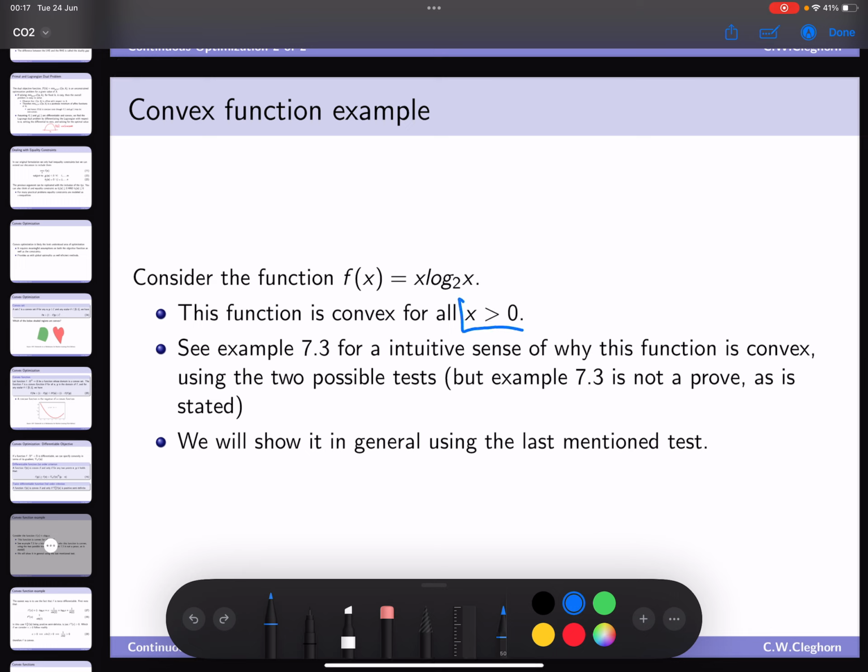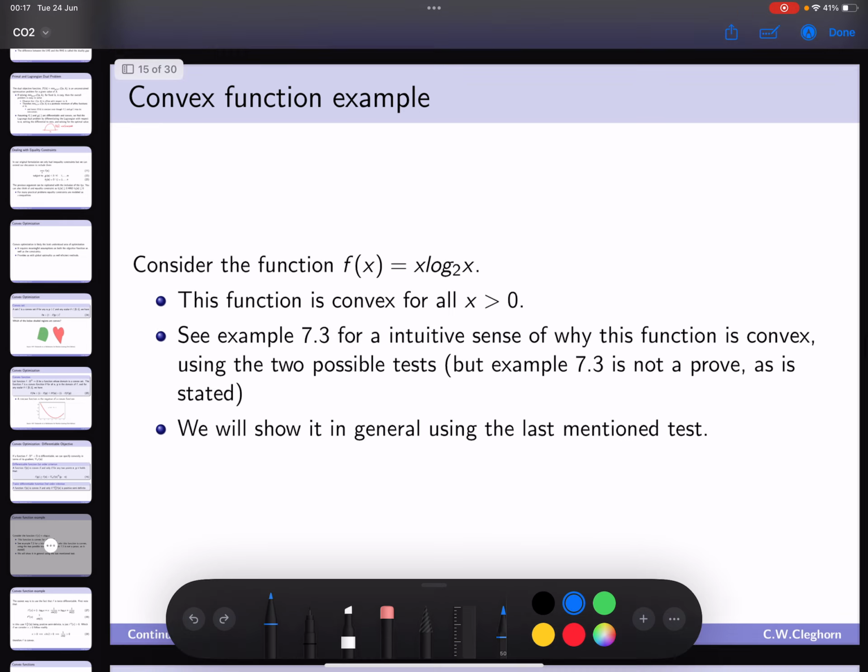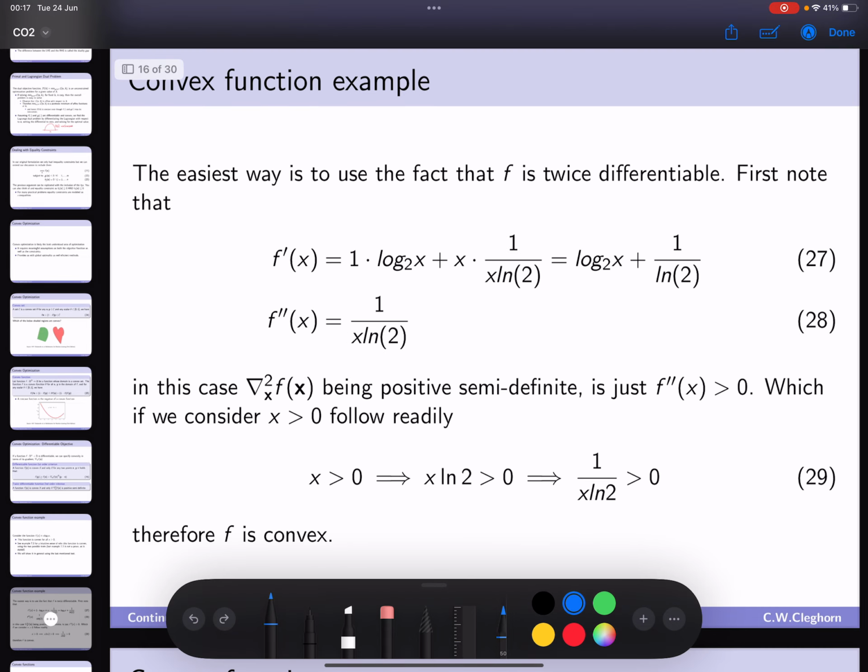Every value of x in this case is a convex set. All right, because for any values of x greater than 0, when I take some linear interpolation between those two values, it is still going to be a value greater than 0. And so we have this convex set, x greater than 0. So that is fine. We can then say, well, if x is greater than 0, then we know that x ln 2 is going to be greater than 0, right?